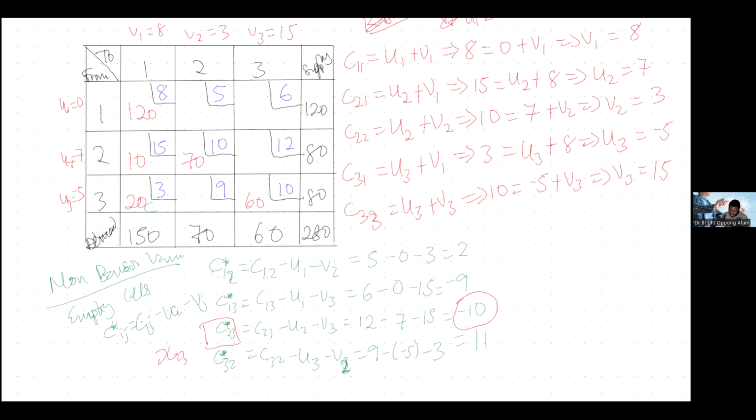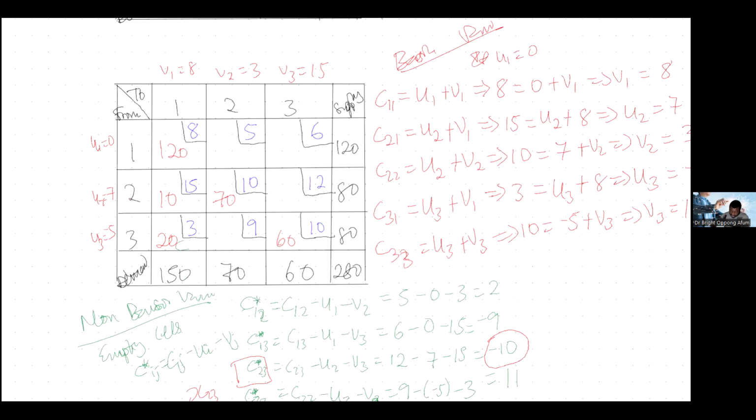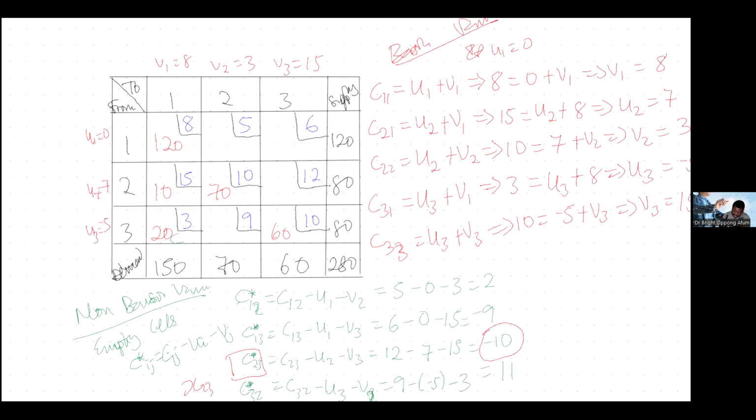So we'll go back to our tableau and find C23. C23 is here. All right, so how do we allocate here? Stepping stone. So we use the stepping stone here, and we find the loop.